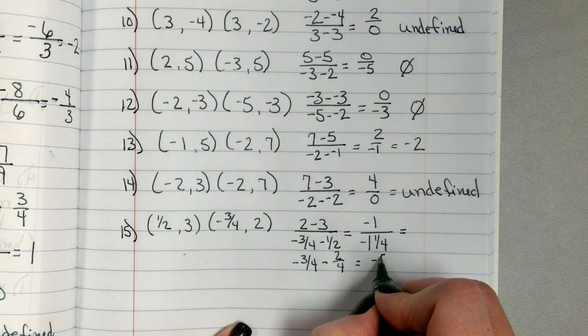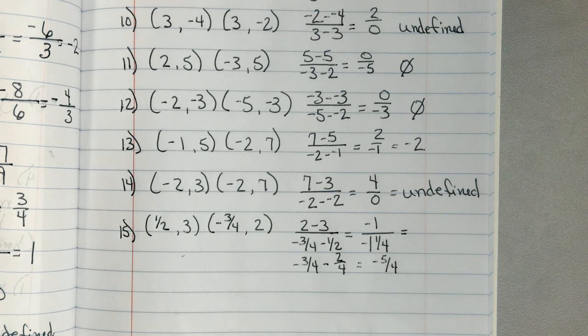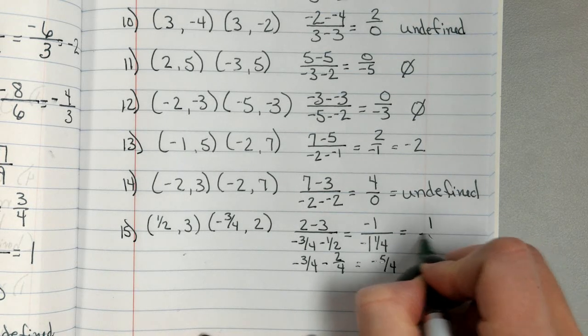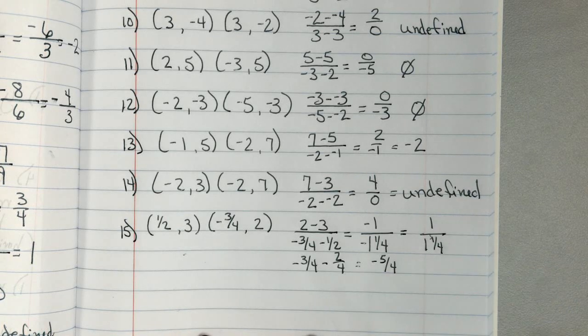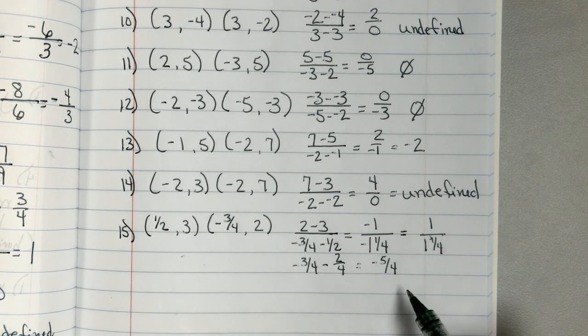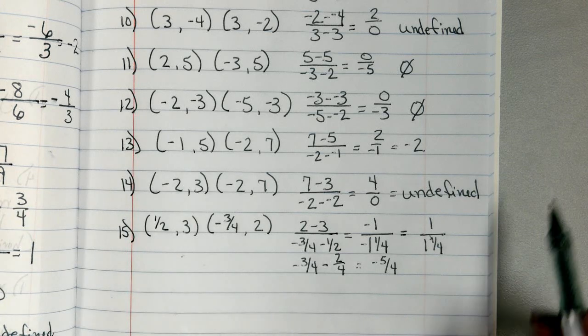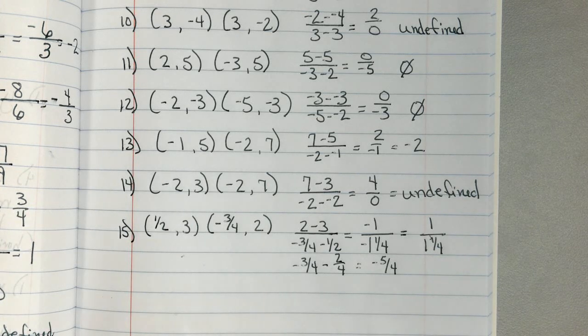So we could have even just said negative 5/4 on the bottom, but we went ahead and wrote it as 1 1/4. It's not going to be a pretty fraction. I would be okay with either 1 over 1 1/4, 1 over 5/4, or 1 over 1.25.